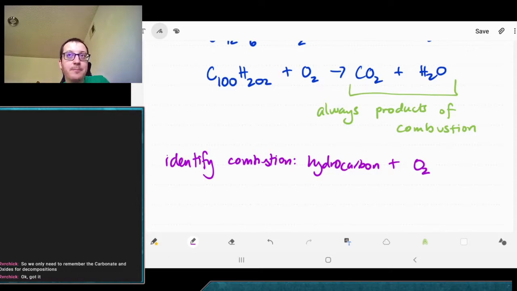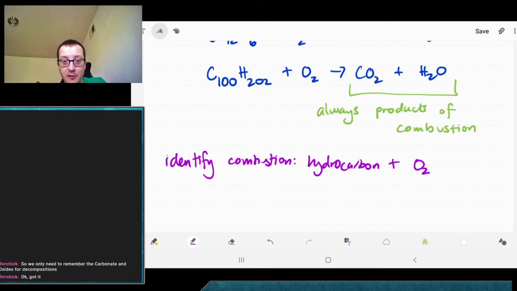And so that's the harder part, but with these three, with combination, we're just looking at ionic compounds, so things forming their preferred charges. For decomposition, we're just looking at the carbonates and oxides. And then for combustion, it's always CO2 and water, so we don't even have to think about those. So hopefully so far these three are not too crazy.